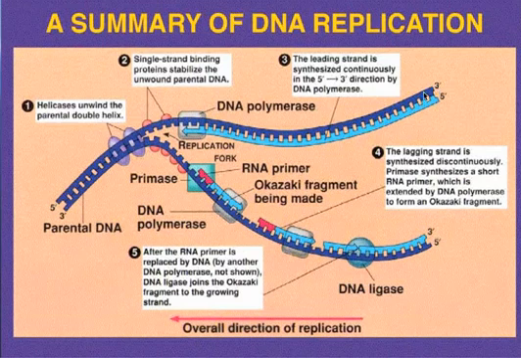Notice the template strand is traveling in the 3' to 5' direction as we move right to left on your screen. In this image, the overall direction of replication, as indicated down here on the bottom, is actually going right to left. So when I say the template strand has 3' to 5' orientation, that is this dark blue strand on top.